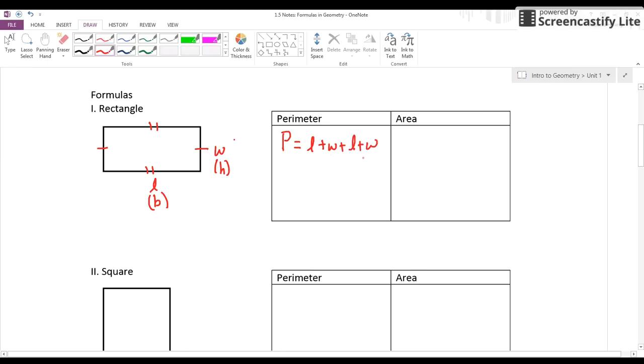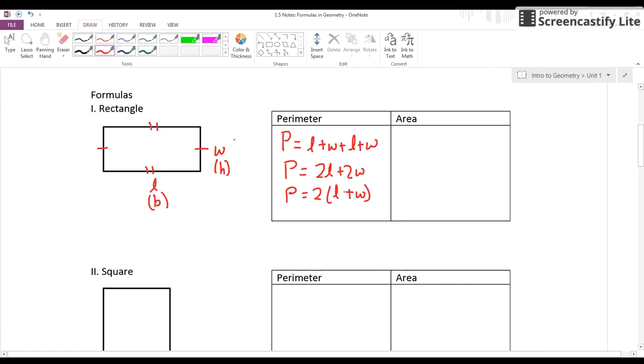Again, you can use B and H if you'd like. If you want to combine your like terms and get 2 times length plus 2 times width, that's fine too. So use either one of those formulas. You can even factor that and say that's 2 times length plus width, the sum of those 2 measurements. So any one of these 3 formulas will work.